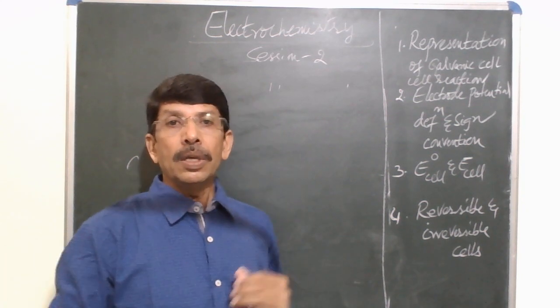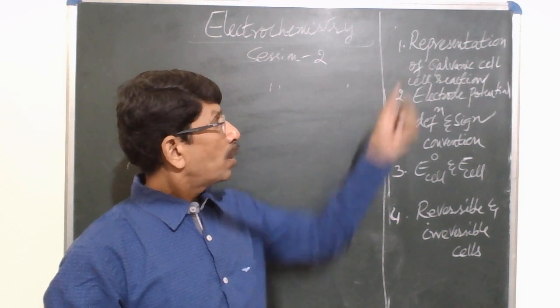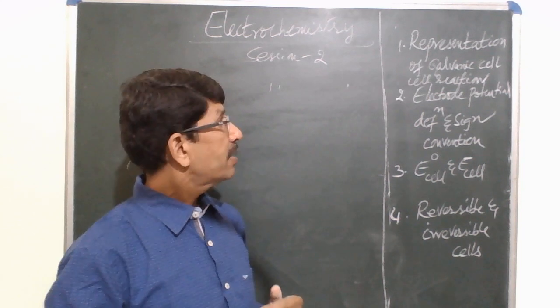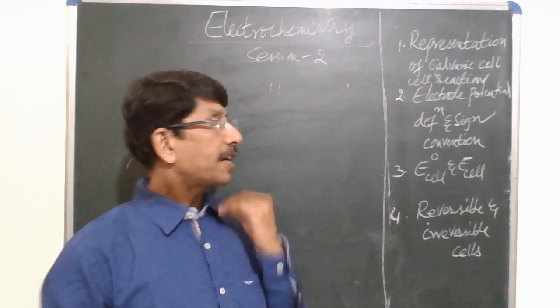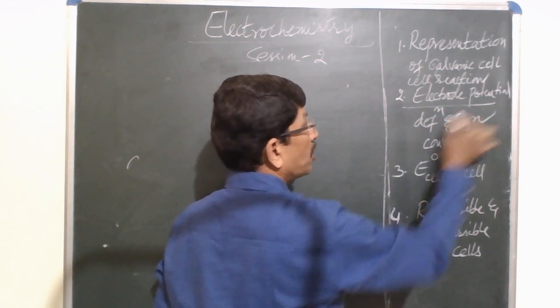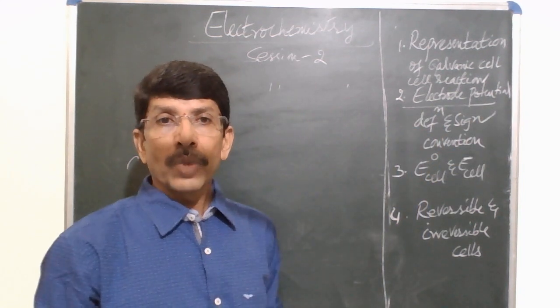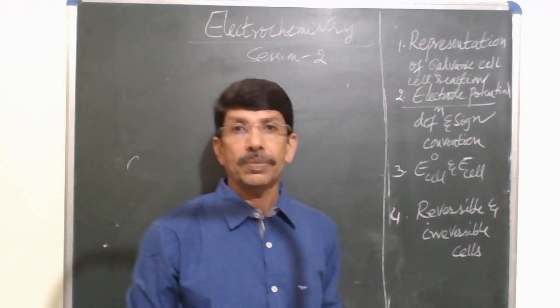Okay, so we've learned how to represent a galvanic cell and how to write a cell reaction. Now let us move on to electrode potential, its definition and sign convention.